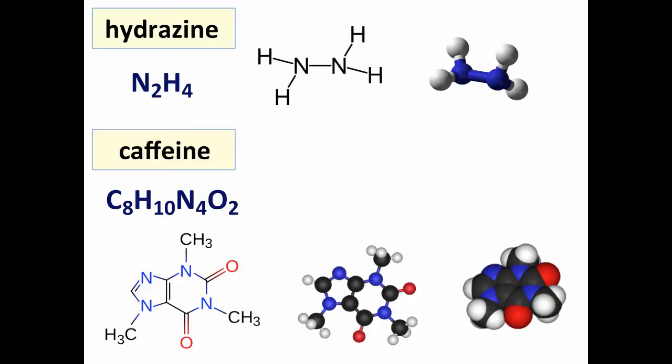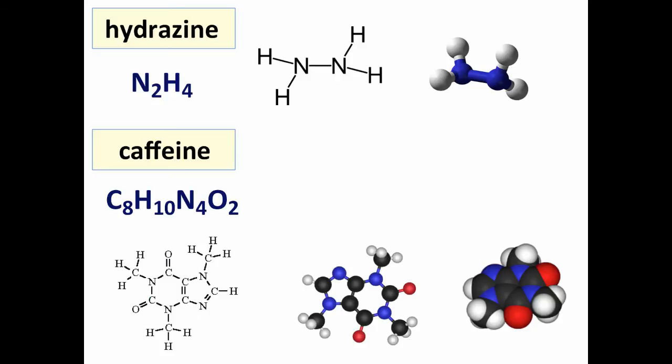And then one other note is we sometimes do a simplified structural formula, sometimes called a line structure, where we make further simplifications because carbon is so ubiquitous.